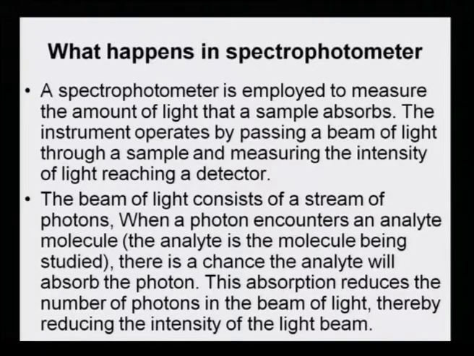The beam of light consists of a stream of photons. When a photon encounters an analyte molecule, the analyte being the molecule being studied, there is a chance that the analyte will absorb the photon. This absorption reduces the number of photons in the beam of light, thereby reducing the intensity of the light beam.